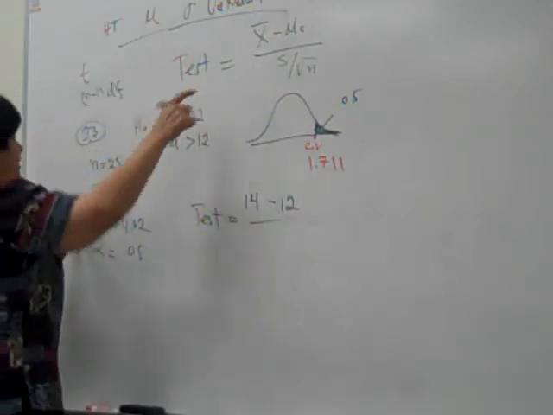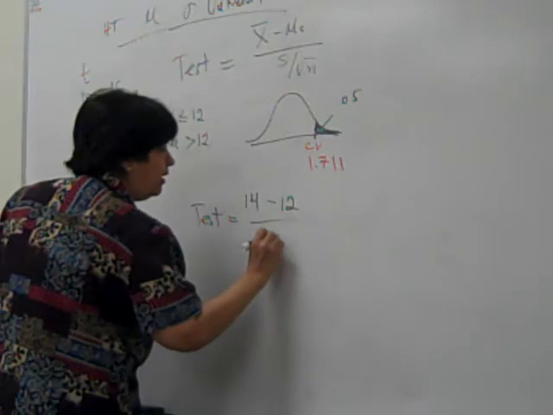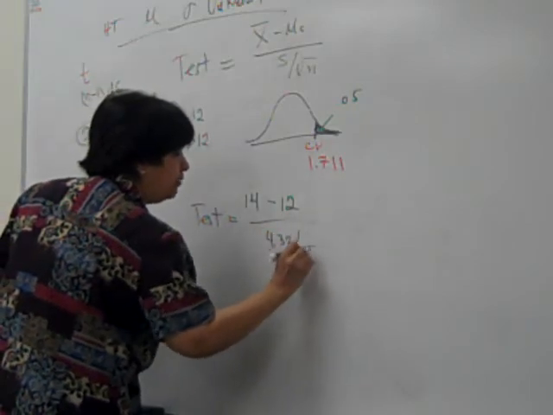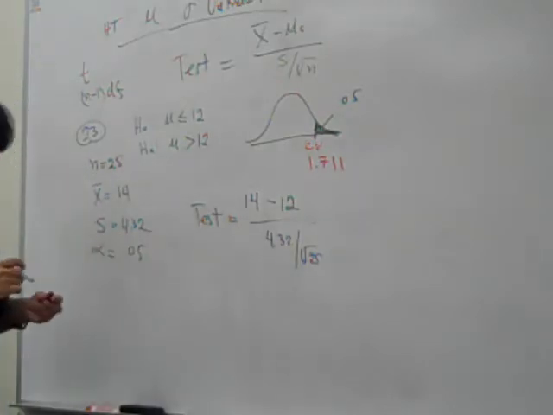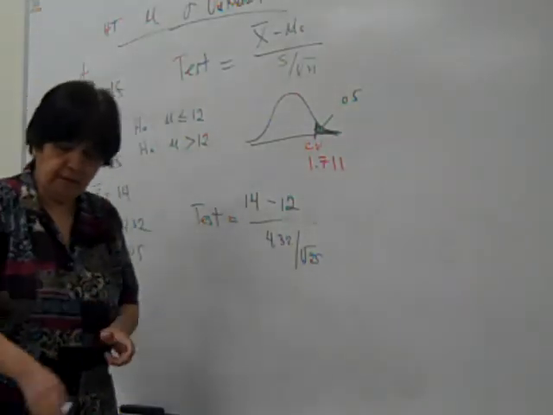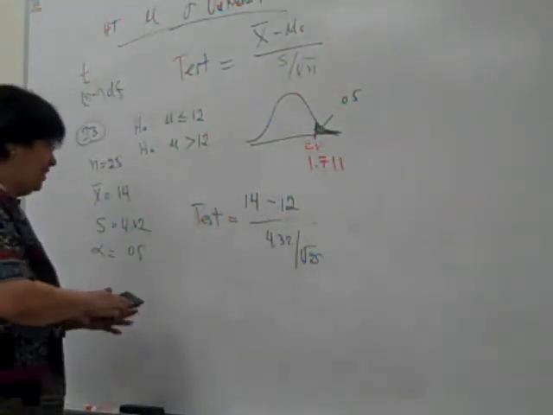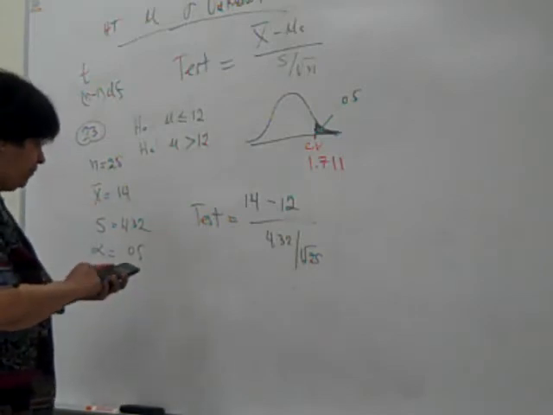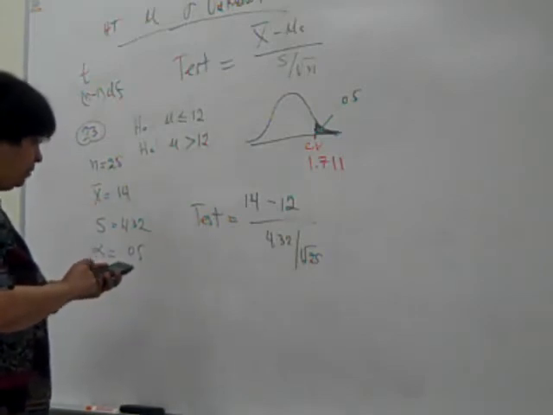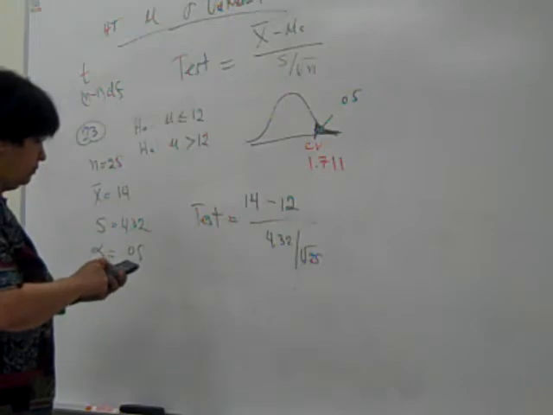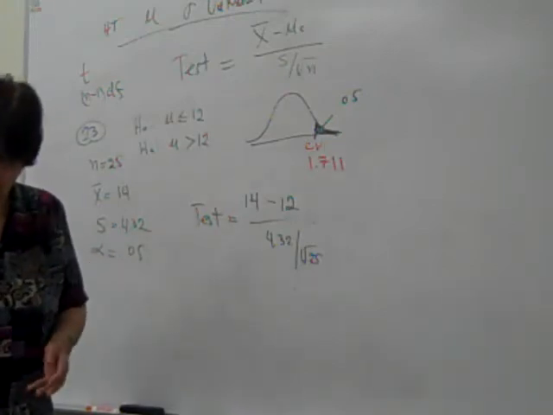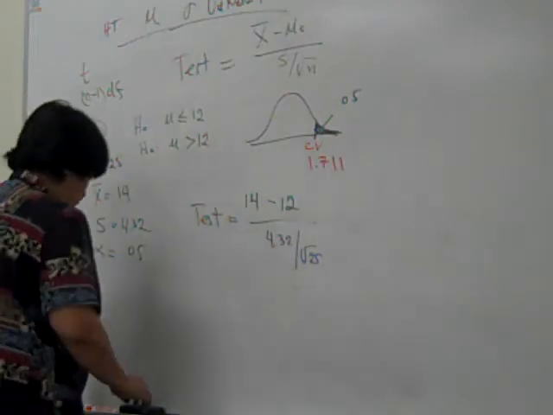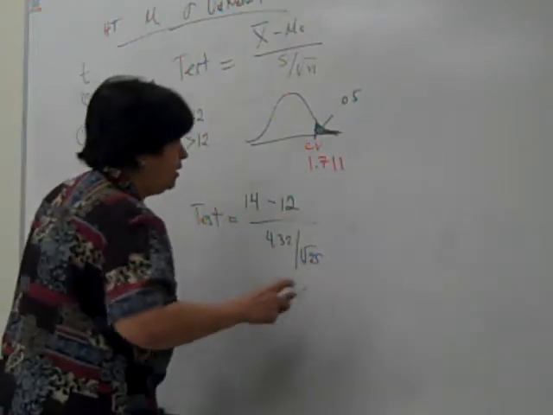Divided by s, 4.32, divided over the square root of my sample size, the square root of 25. And this is 2.31.